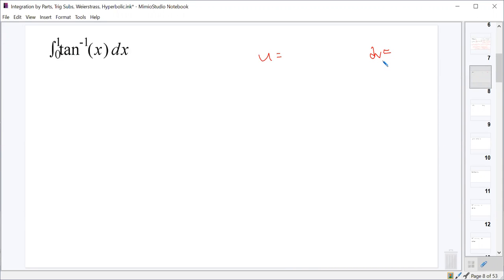Do we know the integral of inverse tangent x already? We don't, right? If we knew it, we'd just integrate this. But since we don't, we got to make the dv our dx and the u our inverse tangent x. Everybody good on why we got to make u inverse tangent and dv dx?